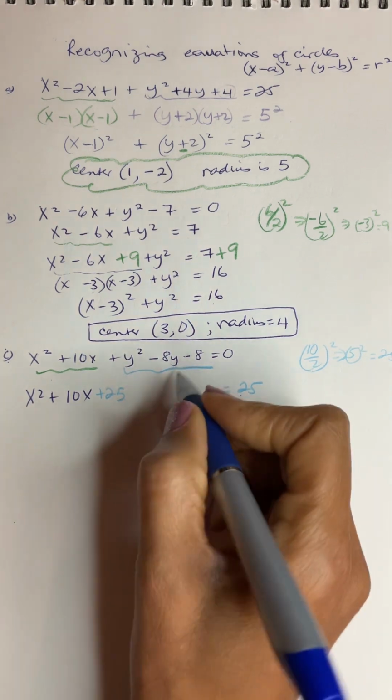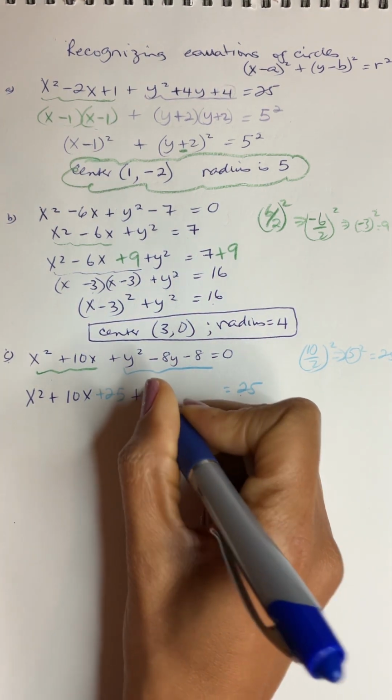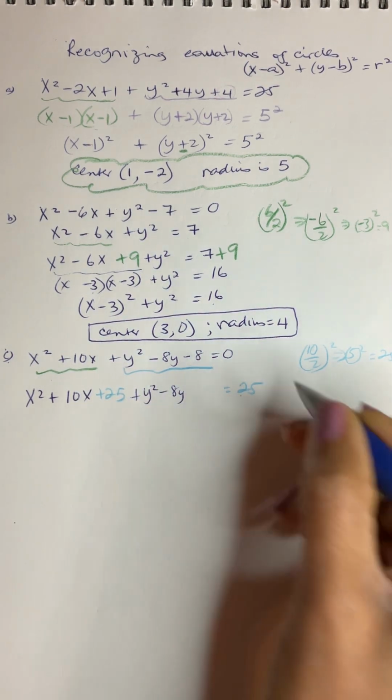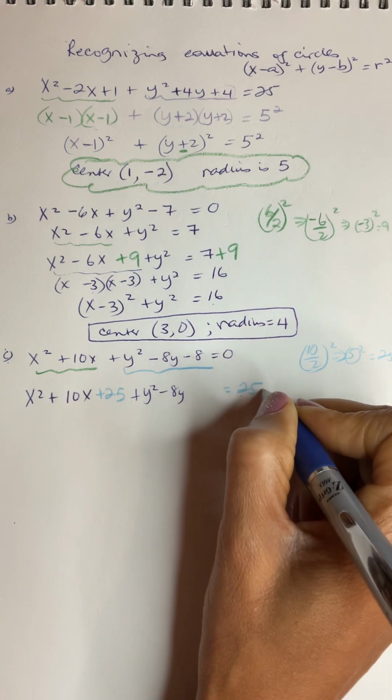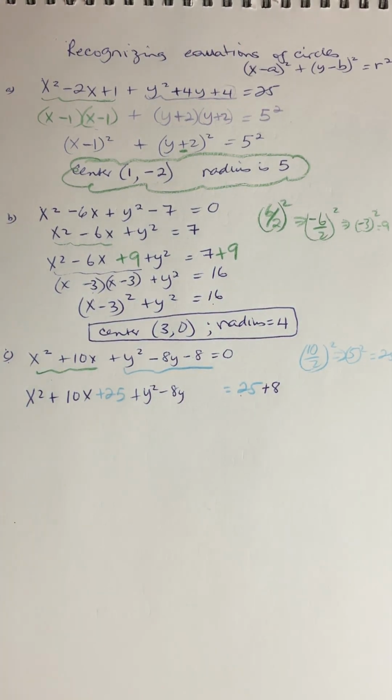So I'm going to have plus, I'm going to rewrite it for now, 8y, but I need to bring that 8 over, so it's going to be positive 8. Just want to say that to you.